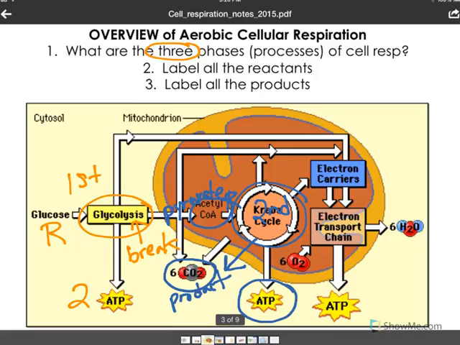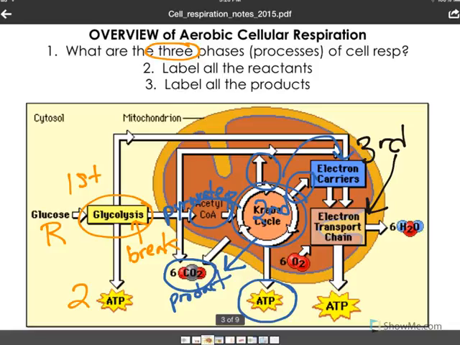Now we're not done yet. We take some of the products from the Krebs cycle, so if I follow the arrows here, we get a few more products out, and it enters into the last phase, or the third phase, called the electron transport chain. So this is like the final portion of cellular respiration.